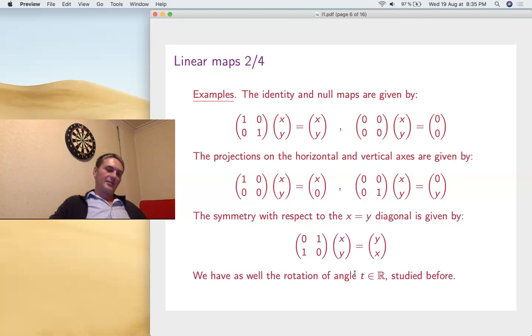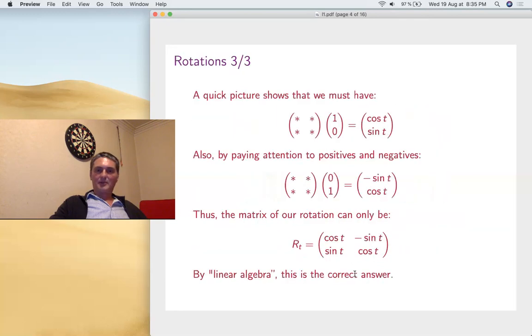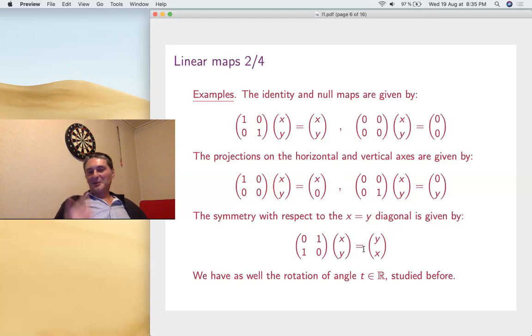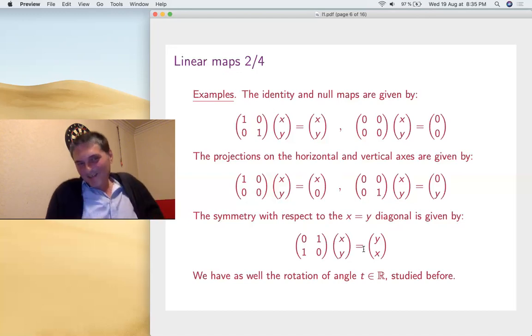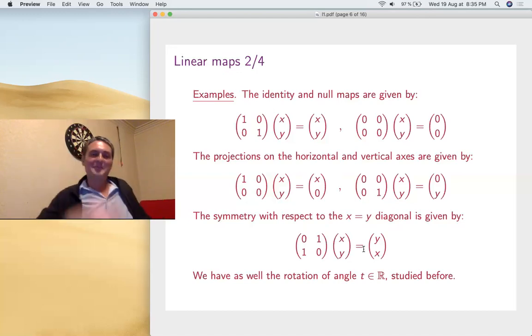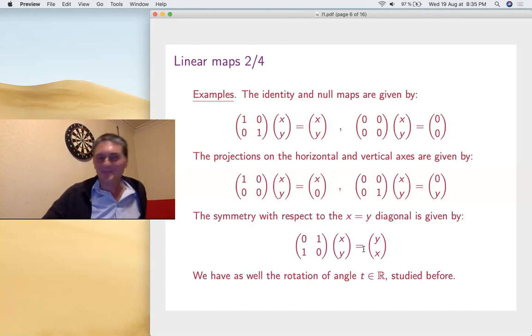And of course, we have also the rotation of angle t. Let's go back to the formula. Yeah, that was the formula. So you see, 2 by 2 matrices are really very simple. I mean, usually you can do things in your head, and all these computations like identity, projection, symmetries, even rotations, you can more or less do it in your head as you become more and more advanced. It's very quick.